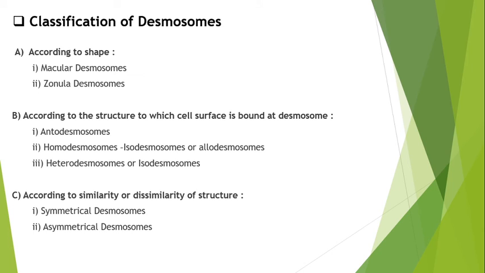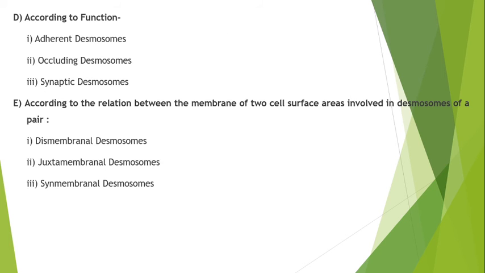Please correct here: heterodesmosomes or the hemidesmosomes. And then according to similarity or dissimilarity of the structures, first one is the symmetrical desmosomes and asymmetrical desmosomes. Then according to its function, adherent desmosomes, occluding desmosomes and synaptic desmosomes.